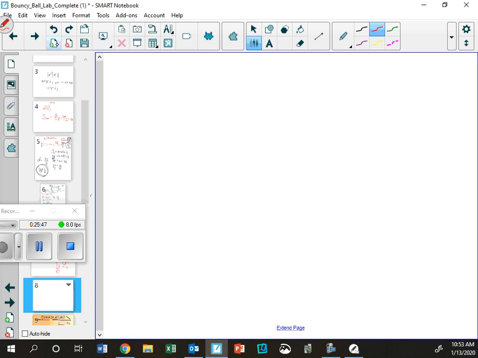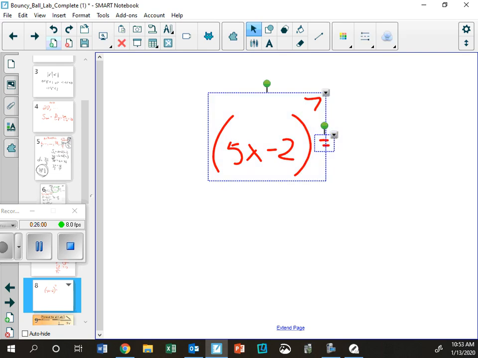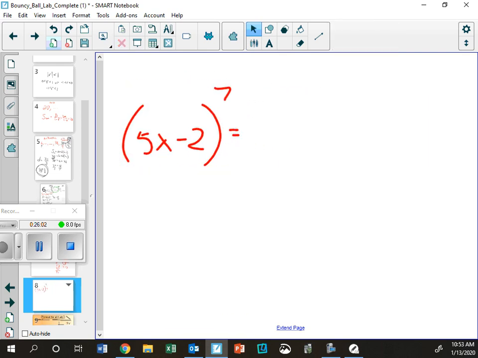So let's say it is (5x minus 2), and I want 7 terms, or sorry, to the 7th, which would actually mean there's how many blanks? 8 blanks. I'd like to know what the second of the 8 blanks would be, except do it all the way.